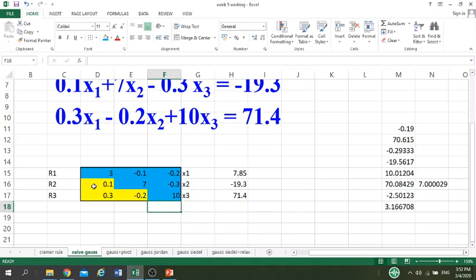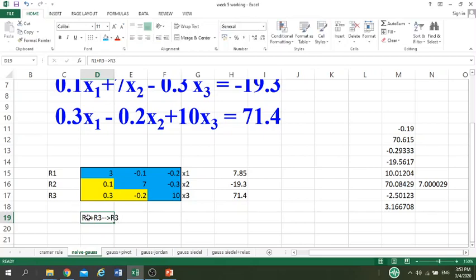For example, if we want to turn this number in row 2 into 0, we have to add row 1 and row 3 in a certain way. We have R1 plus R3 becoming the new R3.